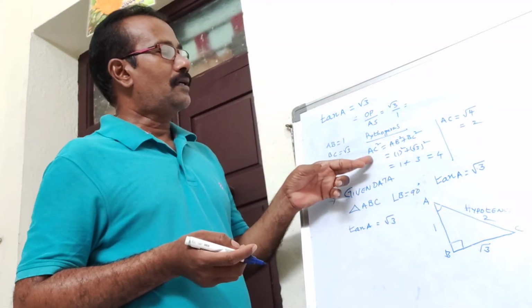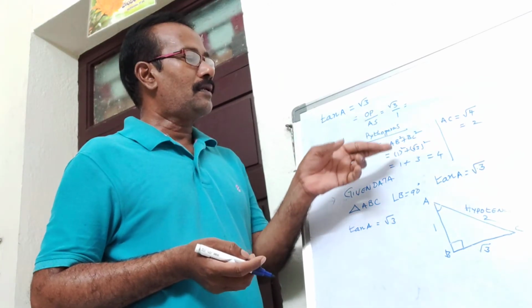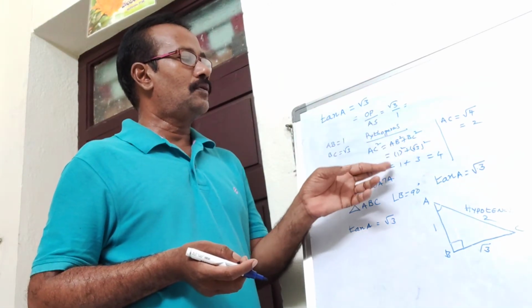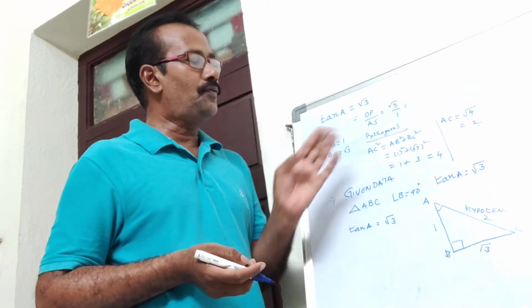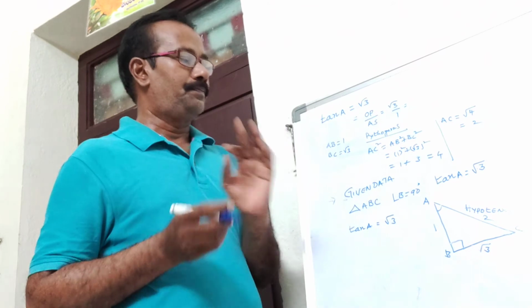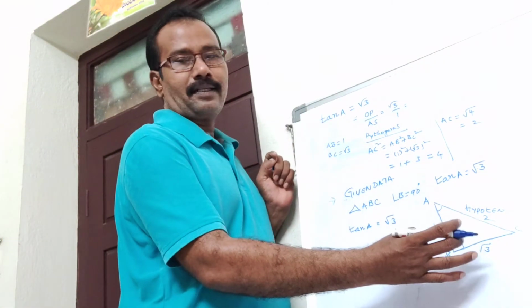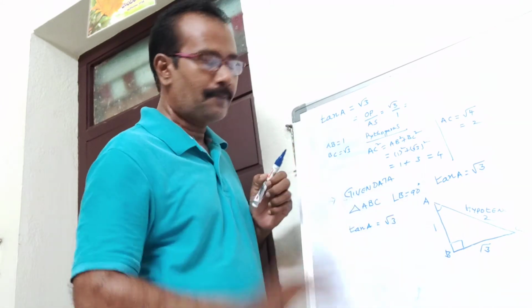So AC square equals AB square plus BC square, 1 square plus root 3 whole square is 1 plus 3, equal to 4. Then AC equals root 4, that is 2. So already we have the right angle triangle values.